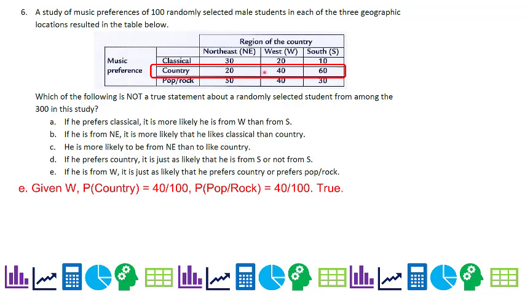Okay, so we got country. We know he's from the west, right? So for the west, there are a total of 100. Which ones like country? There are 40 out of 100. For pop rock, that's also 40 out of 100. So that is true.